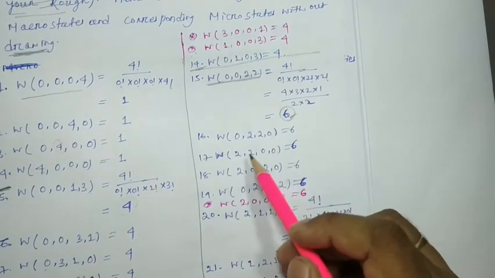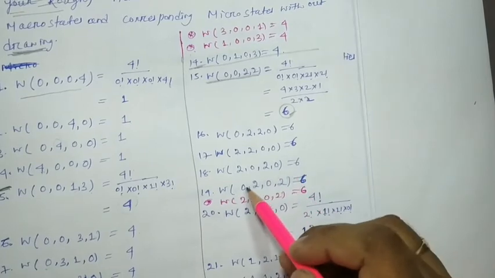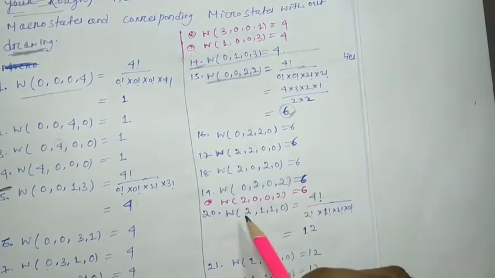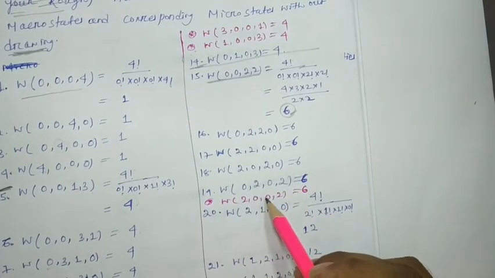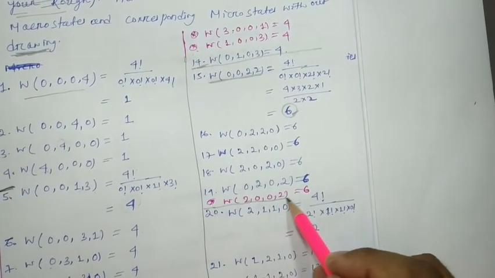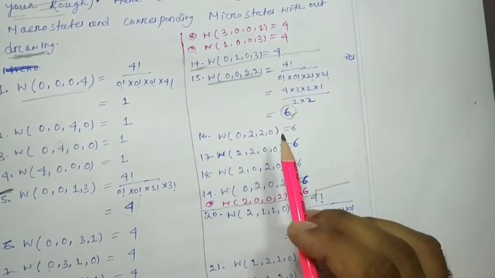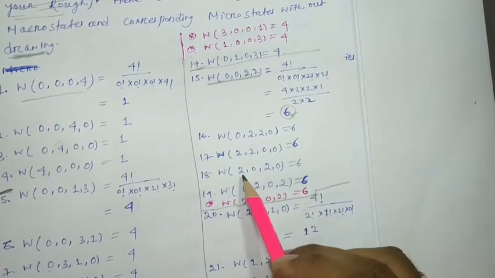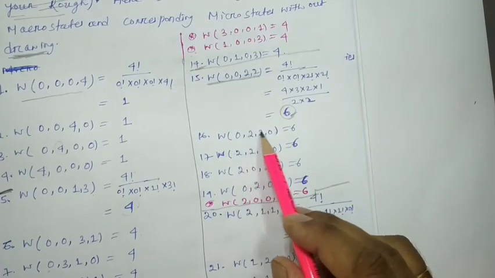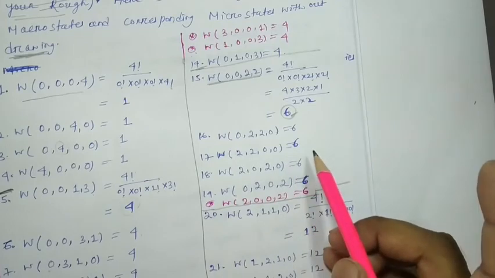The other arrangements are W(0,2,2,0), also 2200, 2020, 0202, and 2002, okay. Up to this much, any two compartments are going to be filled by 2 particles, and the others are going to be vacant.